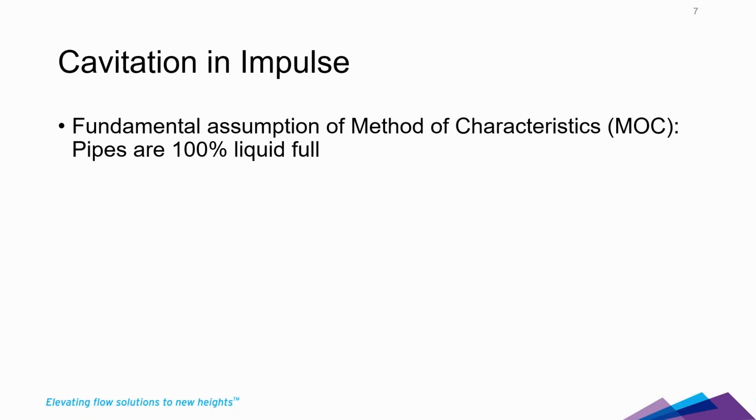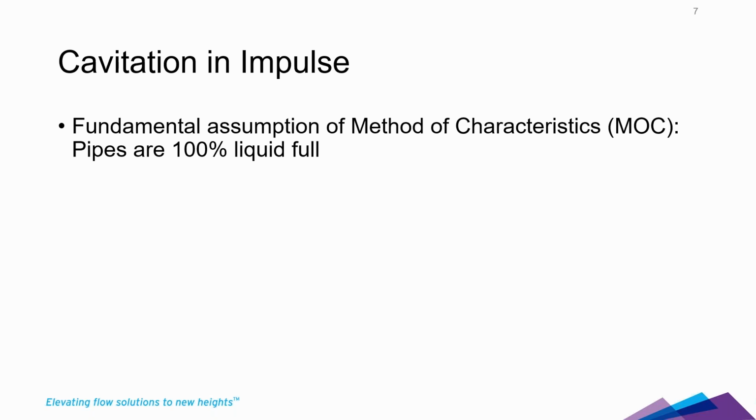So the reason why pipes are assumed to be 100% liquid full is because the method of characteristics assumes a constant wave speed. And when you have cavitation in your piping system, the cavitation and the vapor bubbles in your piping system, that will inherently change the wave speed of the fluid.